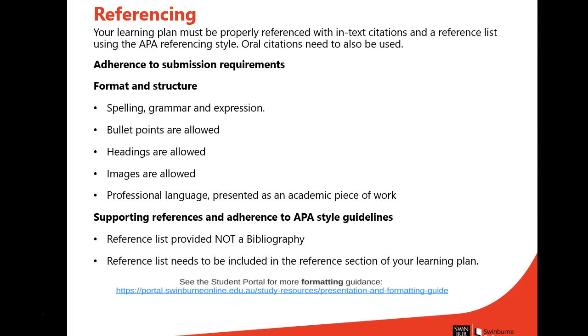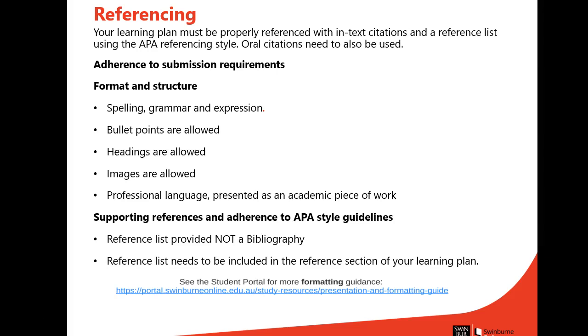But you need to also make sure that professional language is used and it's presented as an academic piece of work. So remember that you are providing a reference list, not a bibliography, and the reference list needs to be included in the reference section of your learning plan, which you will see when you go into that template. And there's some more information on the student portal in regards to formatting as well.